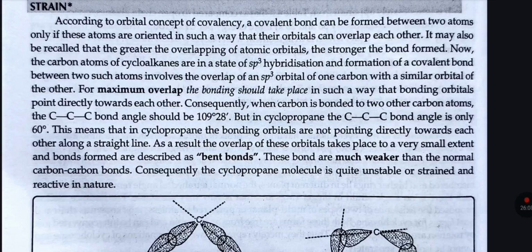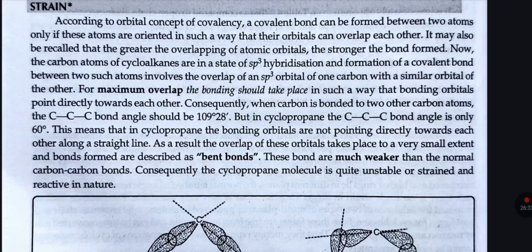Consequently, when carbon is bonded to two other carbon atoms, the CCC bond angle should be 109 degrees 28 minutes. But in cyclopropane, the CCC bond angle is only 60 degrees. This means that in cyclopropane, the bonding orbitals are not pointing directly towards each other along a straight line.